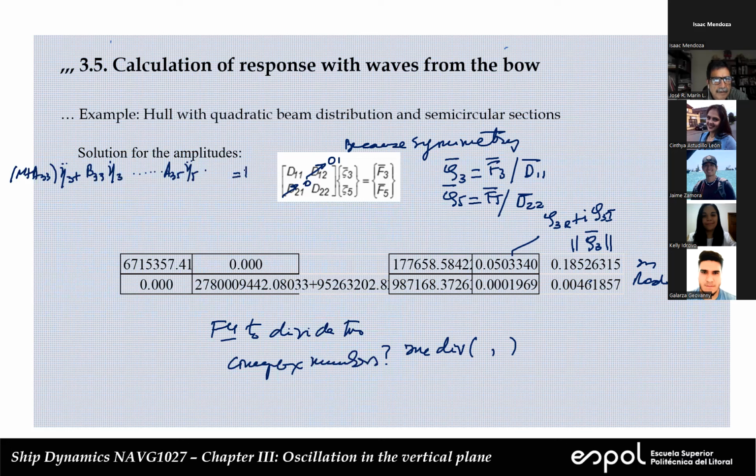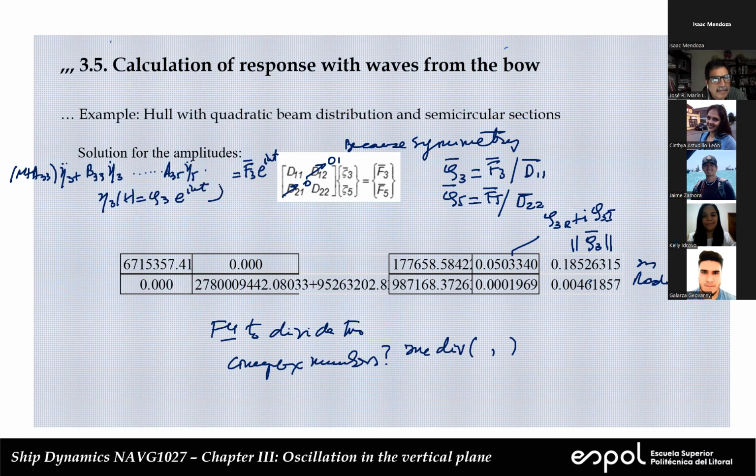And at the end, we have F3 e to the i omega t. And then we said, okay, eta 3 is equal to an amplitude, which in general we consider as a complex. That means that it has a value and also has a phase shift against any reference that you want, times e to the i omega t.